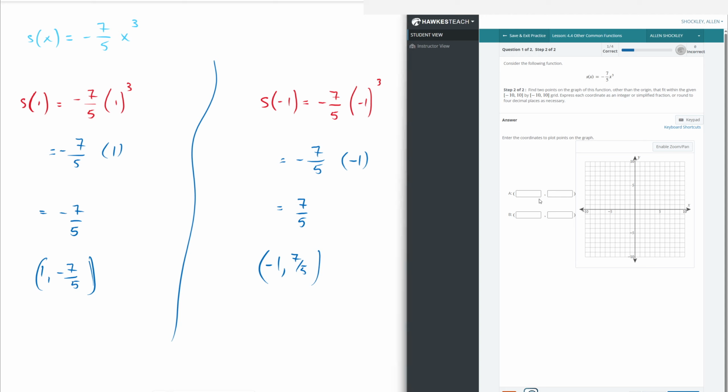So now we just got to type them in. Our first one is 1, and then negative 7 over 5. And then this one is a negative 1 and a positive 7 over 5.